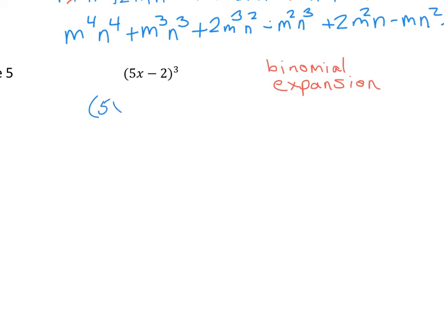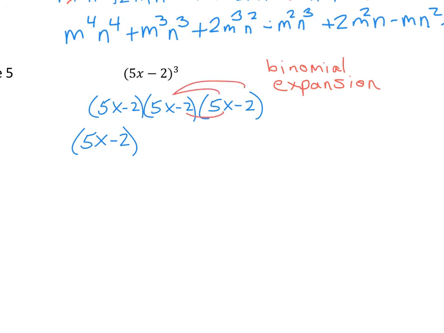So we have 5x minus 2 times 5x minus 2 times 5x minus 2. And as I did above, I usually just leave that first one alone, and then I go ahead and start doing my distribution on the last two.